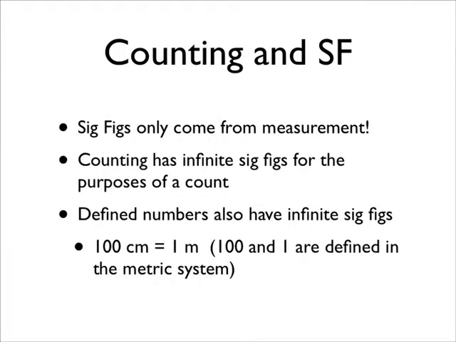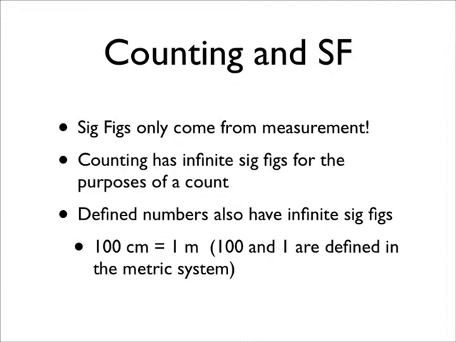Now here's some reminders about sig figs. Significant figures only come from measurement. So they only are when you measure something. If you're counting something, counting is an infinite sig fig deal, okay? Because you're not measuring, you're counting. And defined numbers also are considered to have infinite significant figures.